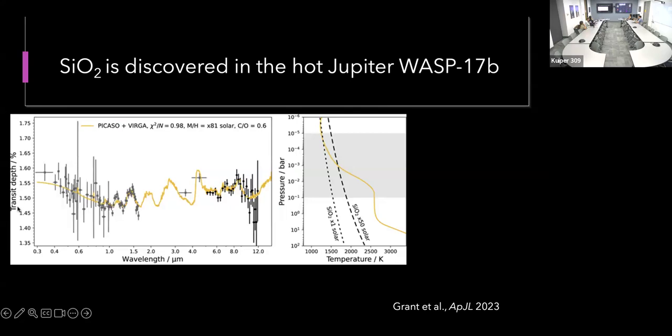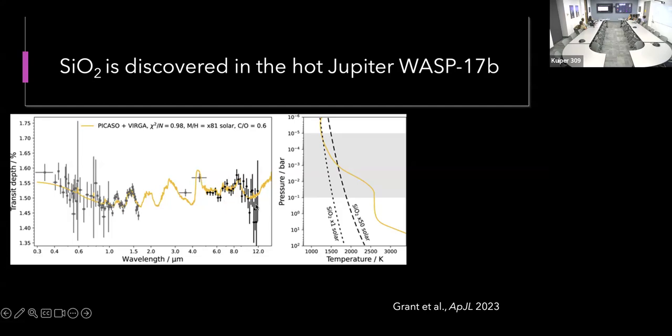So again, that was a brown dwarf. With JWST, we also got our first detection just last year of this particular species in a hot Jupiter. So this is WASP-17b. All of the near infrared and optical data here is from Hubble, both from STIS and WFC3 G141 and G102.